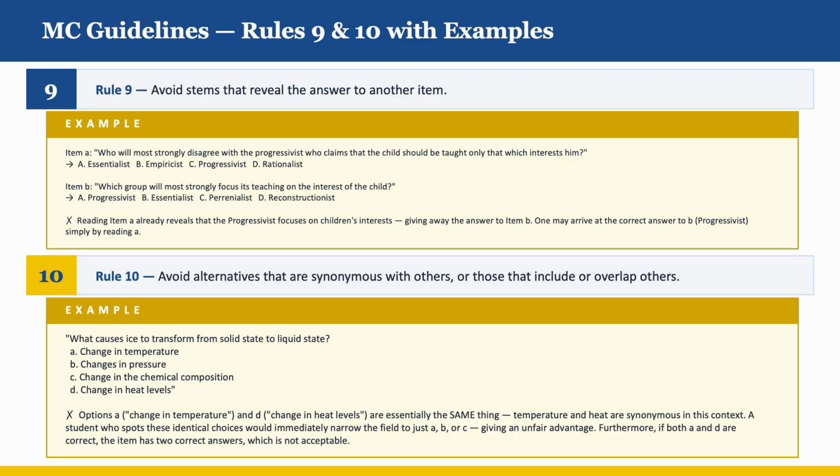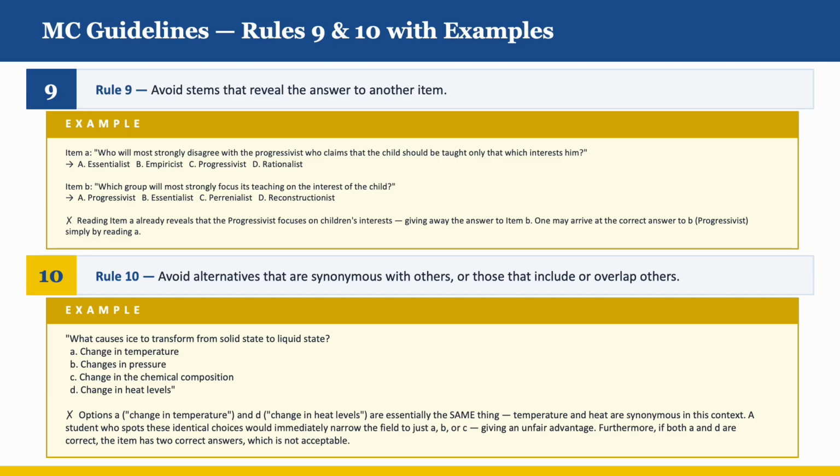Okay, rule number 10: Avoid synonymous options or options that overlap each other. So, for example, what causes ice to melt? A. Change in temperature. B. Changes in pressure. C. Change in chemical composition. D. Change in heat levels. Options A and D, change in temperature and change in heat levels, are essentially saying the same thing.